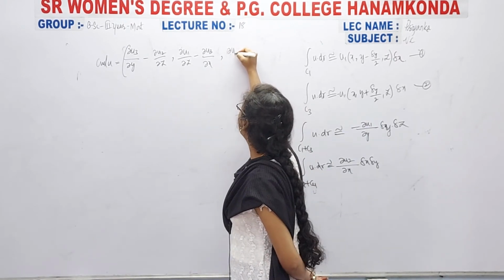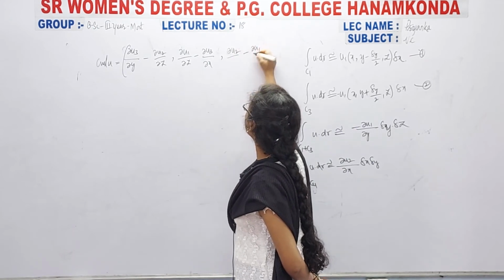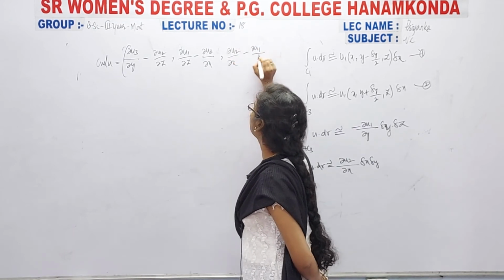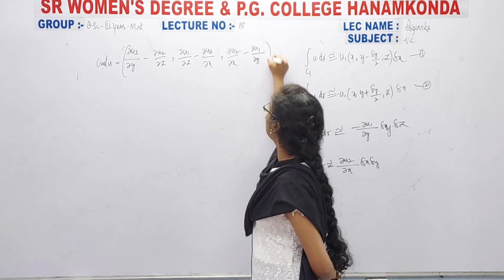So now here dou u2 by dou x minus dou u1 by dou y.